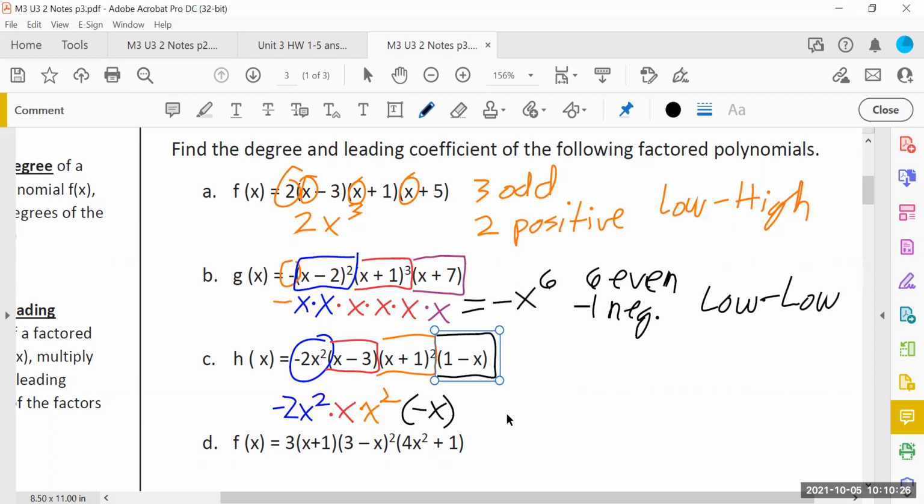So plus 2 x squared, 3, 4, 5, 6. Positive 2x to the 6th. That 6 is even again. The negative 1 was from the last one. The 2 is positive, and that means it's high, high.